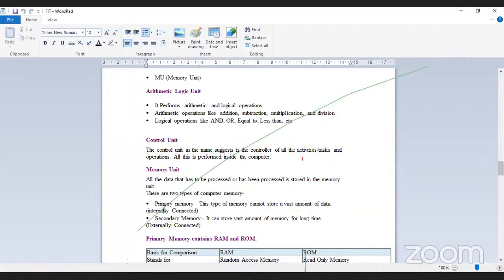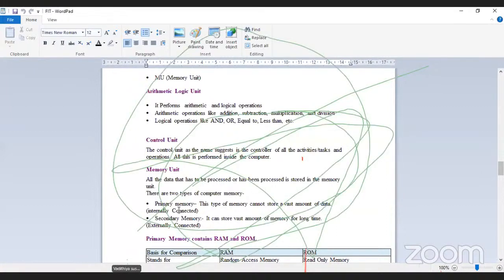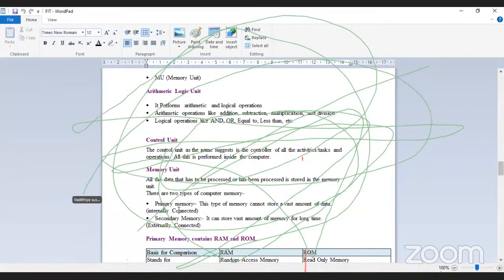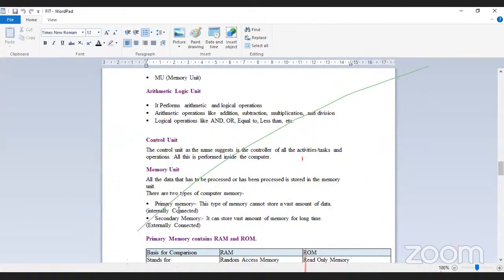That is known as internally connected. Here I have defined internally connected and externally connected. The meaning of internally connected is that if any device, like memory devices, is present on the motherboard itself, there will be a place for the memories within that motherboard.